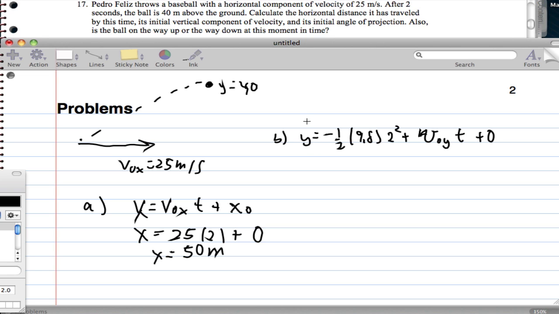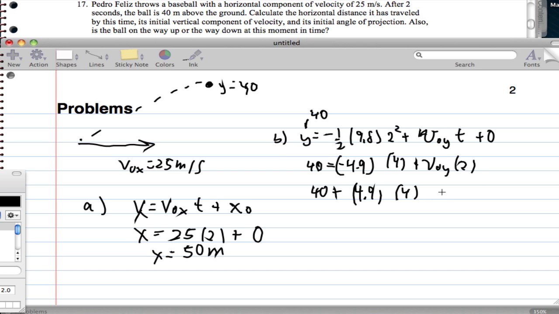And of course y we know is equal to 40. So we're going to end up getting 40 equals negative 4.9 times 4 plus v naught y times 2. And finally, when we simplify, we're going to get 40 plus 4.9 times 4 equals v naught y.